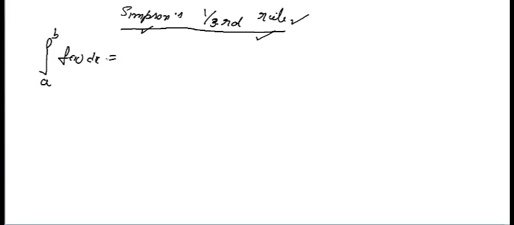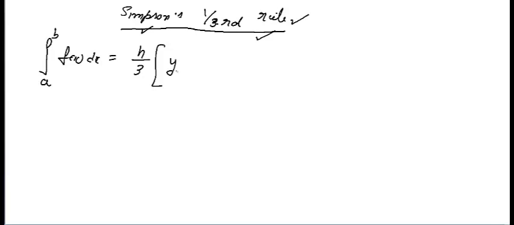we are not going into the detail of how we derived the formula, and we are going to concentrate only on the basic formula of the Simpson one-third rule. So in Simpson one-third rule, you have the integration from a to b equal to h over 3. This is the important thing.